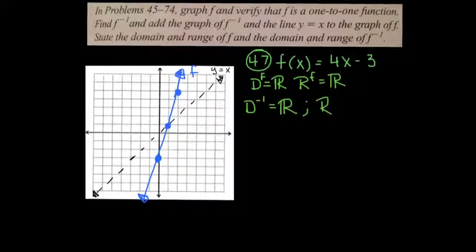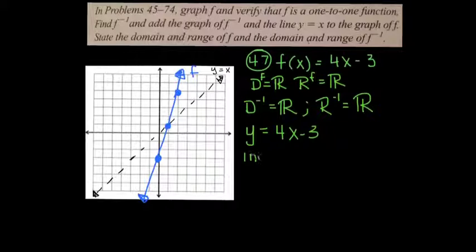And the range of the inverse is simply the domain of the original, which is also all real numbers. And again, I could get the domain and range of this function by either looking at the equation or also looking at the graph.